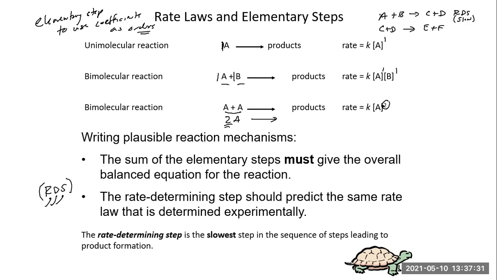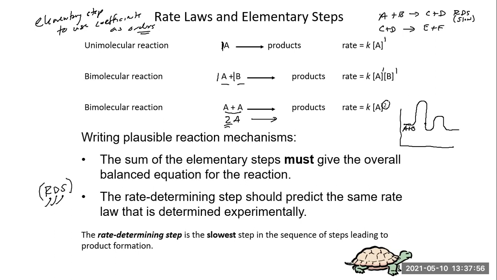If we were to diagram an energy diagram of what's happening, perhaps the first thing we would see is something like this. This would be A plus B, the reactants.